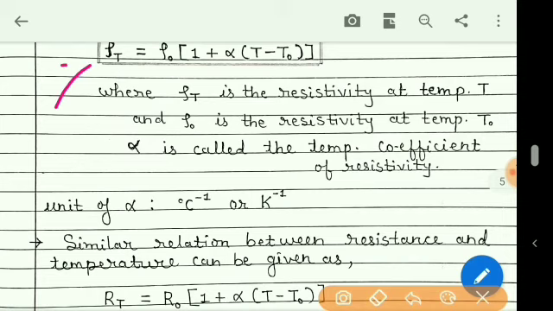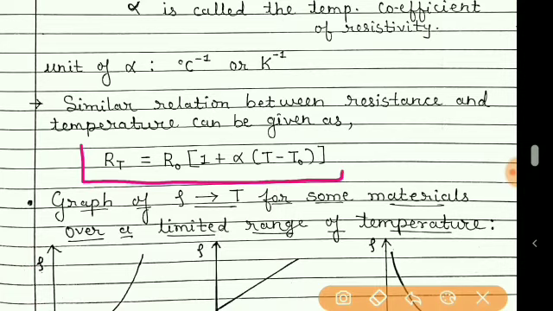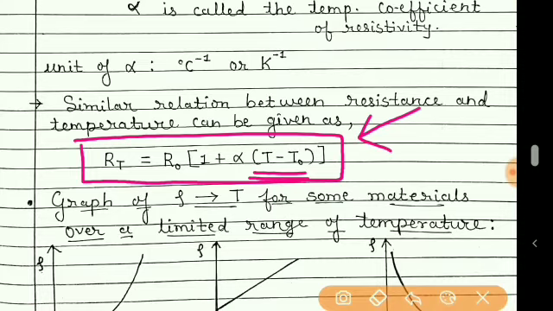Simply you have to replace rho by R. So you will get this formula: R T is equal to R naught into 1 plus alpha into T minus T naught. And students, we will also solve the two most important examples related to this formula.